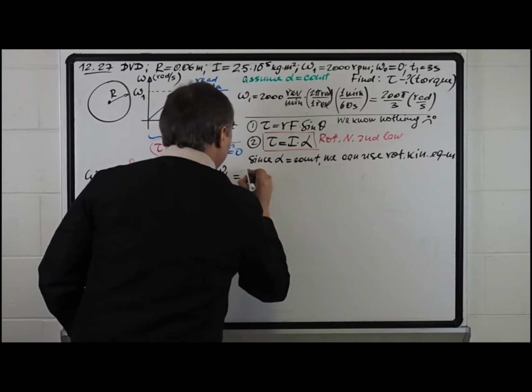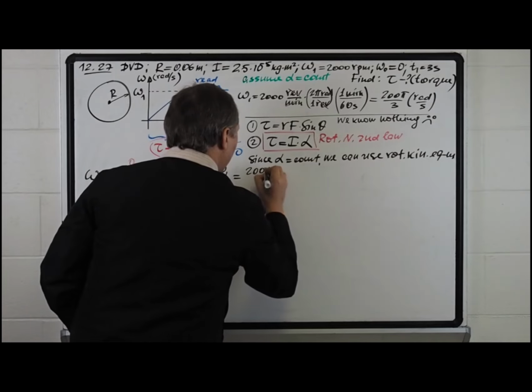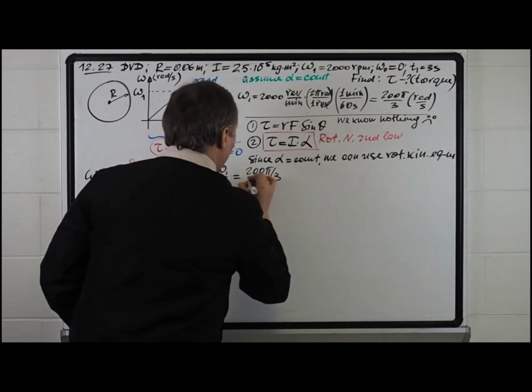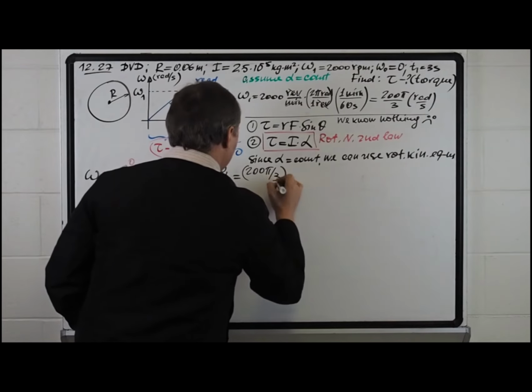So omega 1, 200 pi divided by 3, of course that is in radians per second, and we need to divide by 3 seconds. So we will get 200 pi divided by 9. I still keep pi. It's not a crime, it's okay. 200 pi divided by 9 radians per square second.